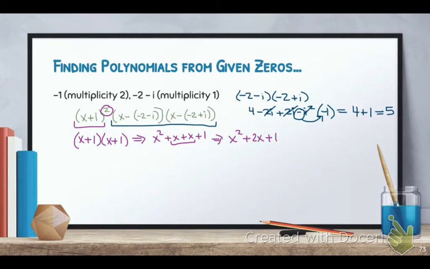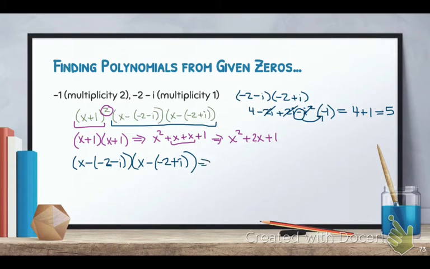So now, x times x is, let me rewrite this real quick over here. x minus -2 minus i, x minus -2 plus i.